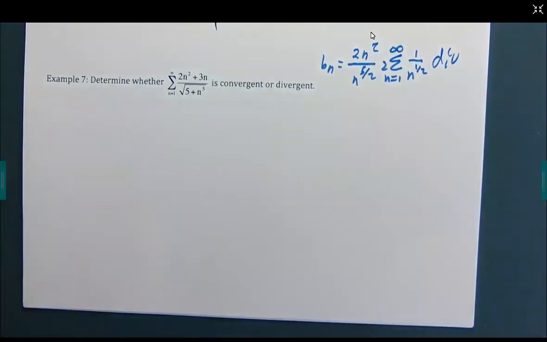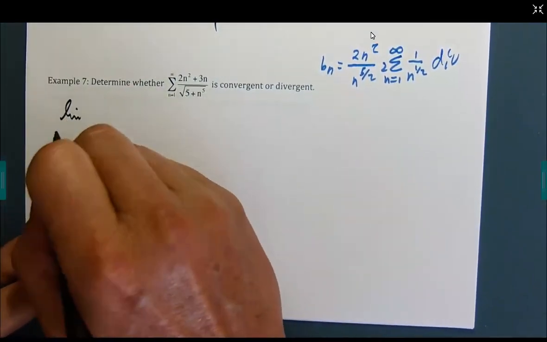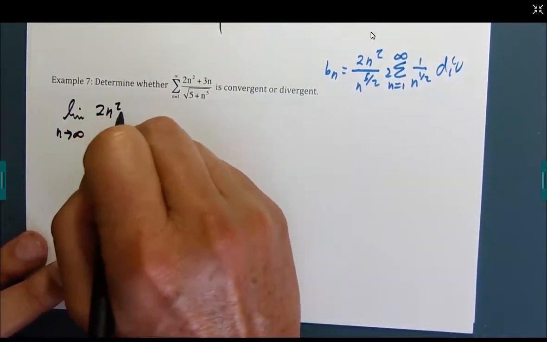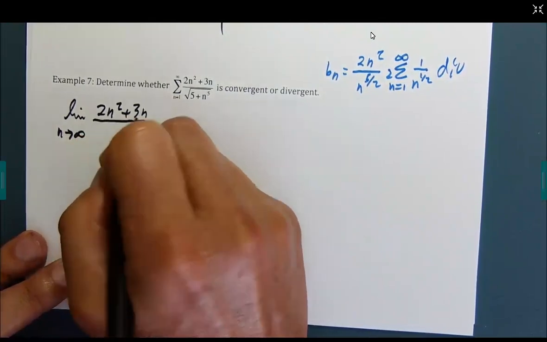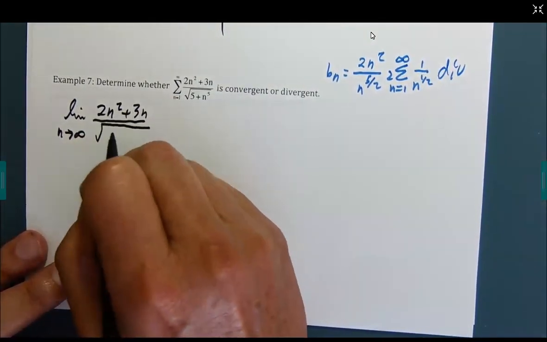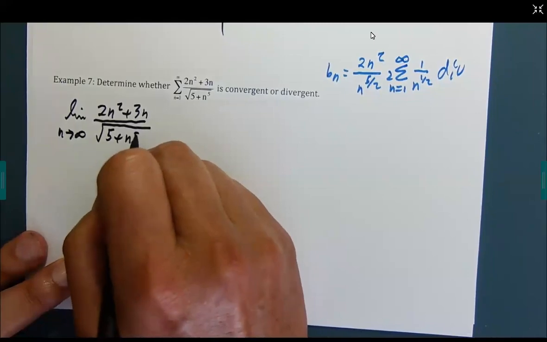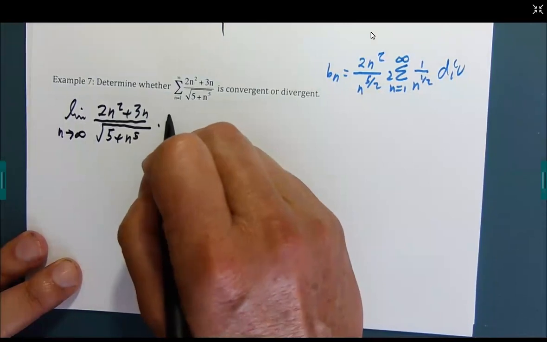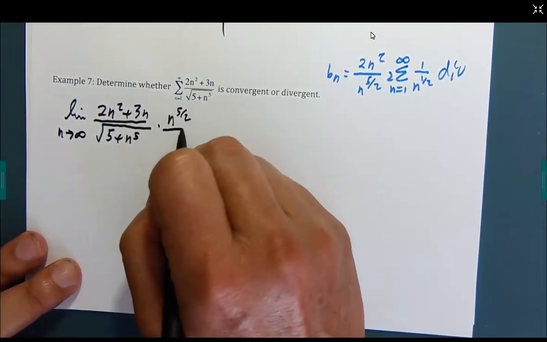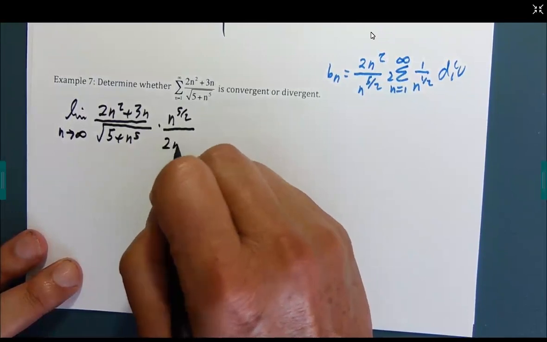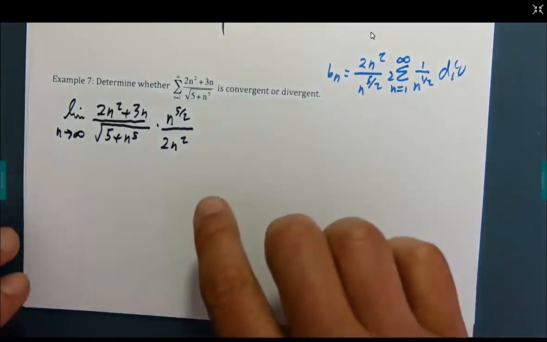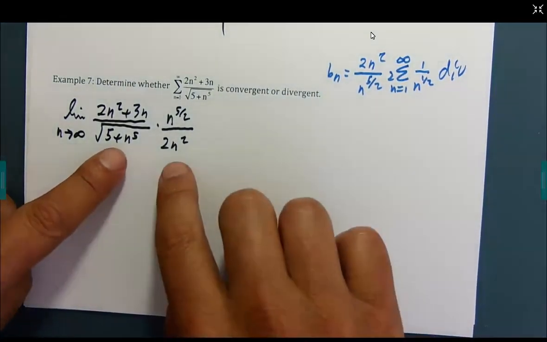And so let's run our limit once again. So limit of 2n squared plus 3n over, times, then I'm going to do the reciprocal of this one here. And this limit, believe it or not, has the exact same exponents.